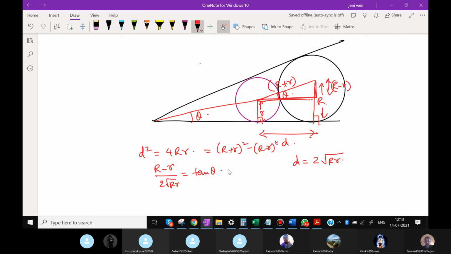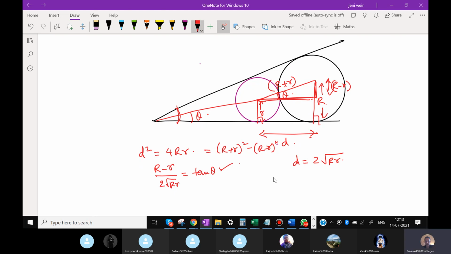And since you are given the cone, this angle will be told to you. So basically, you know theta, tan theta, and one of the two will be given, either capital R or small r, and you have to find the other one, right?